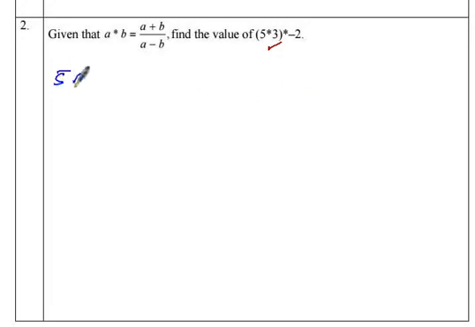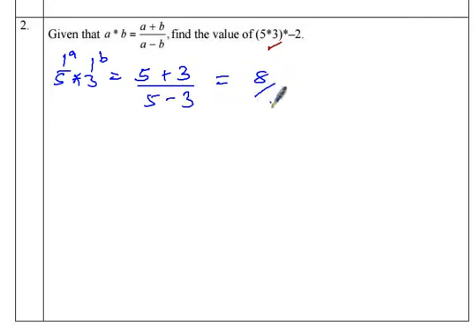So 5 star 3, this being my A, I am simply following this being my B, should be the same as A, which is 5, plus B, which is a 3, out of 5 minus a 3. And this gives me 8 out of a 2, and my final answer is a 4.